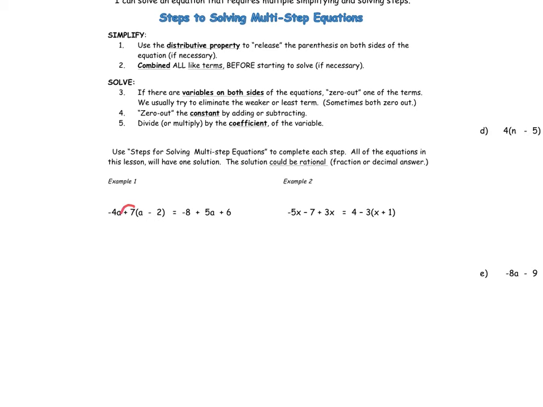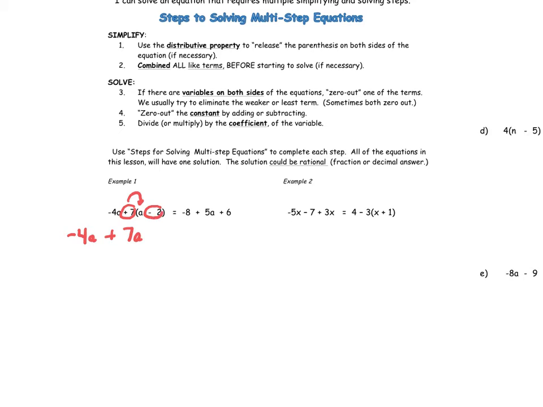So I want you to notice this is a positive 7. And you notice I just ignored the negative 4a. It's not in any way part of the distributive property, so I'm just going to drop it down. Positive 7 times positive a would be positive 7a. And now, once again, this sign is going to come into play.